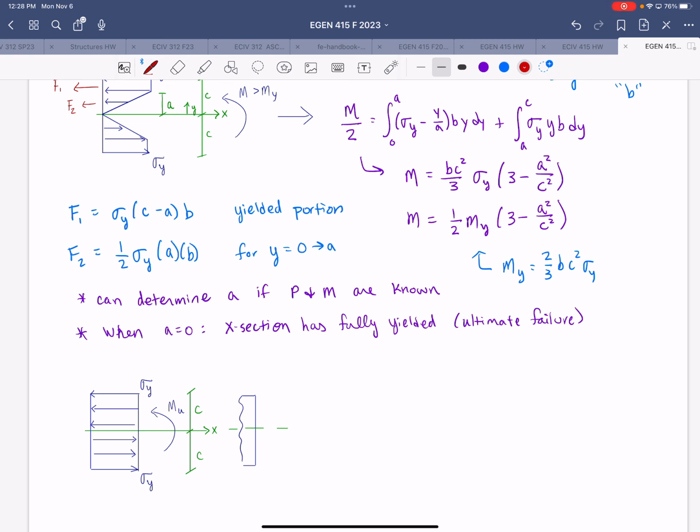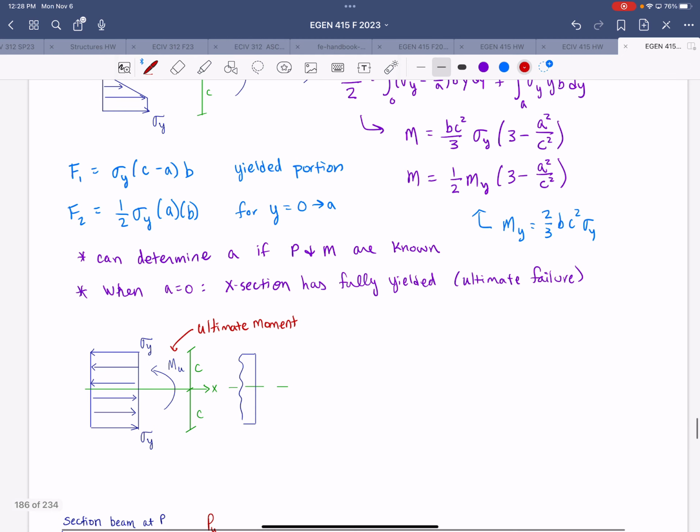And that is what is sketched down below, where the entire cross-section has a rectangular stress distribution of magnitude sigma y. So all fibers within that section at that location on the length of the beam have yielded. M_u represents the ultimate moment, and our resultant forces are simply going to be sigma y times BC.